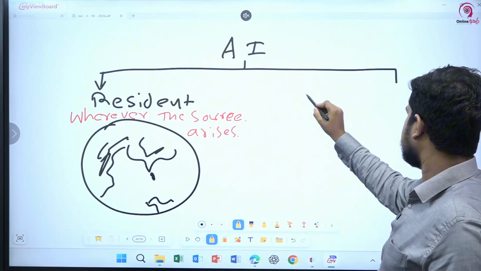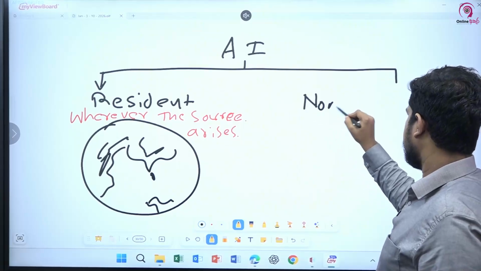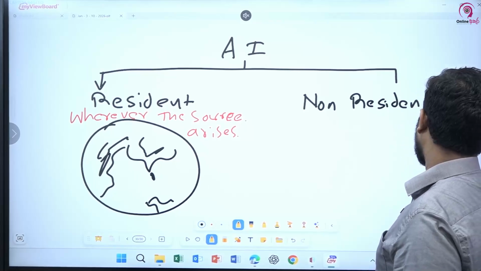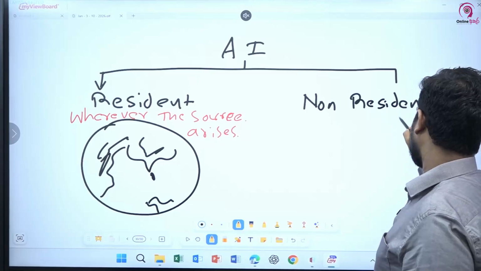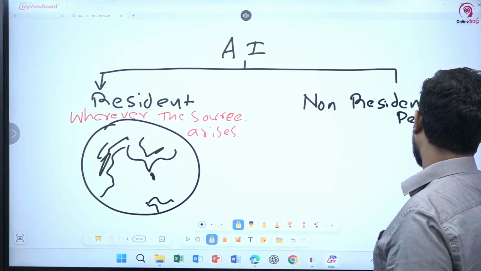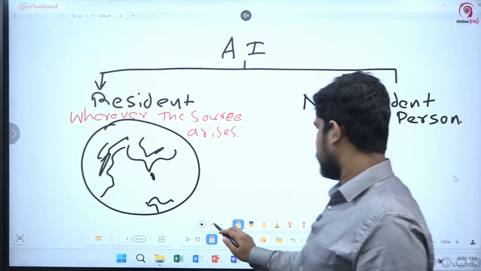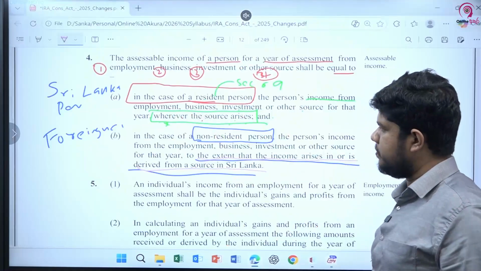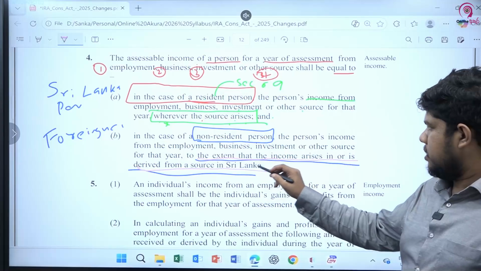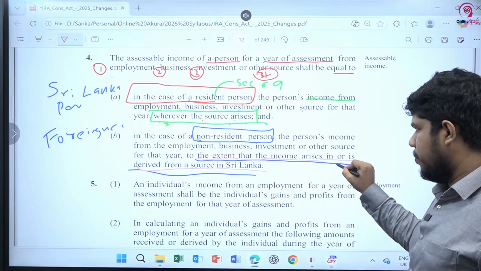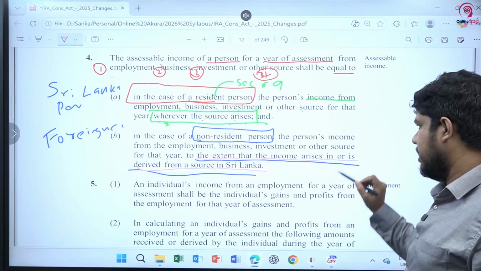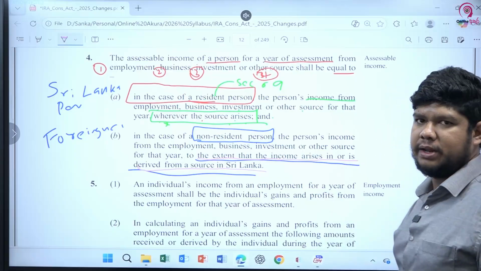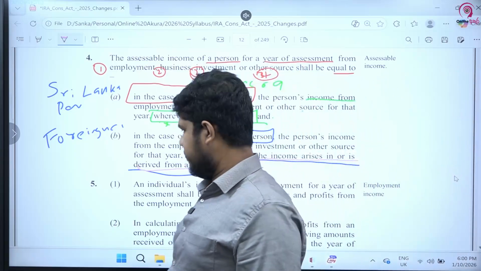Non-resident person: what is the word? Remember the words correctly. Income arises in or is derived from a source in Sri Lanka.